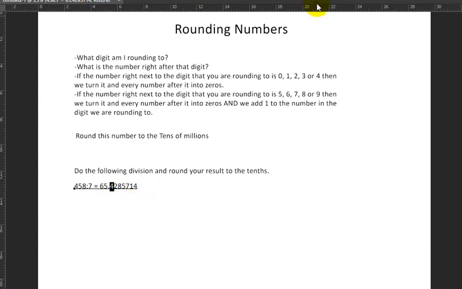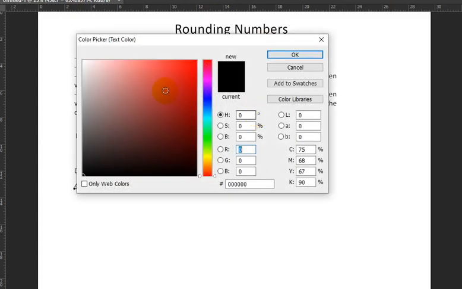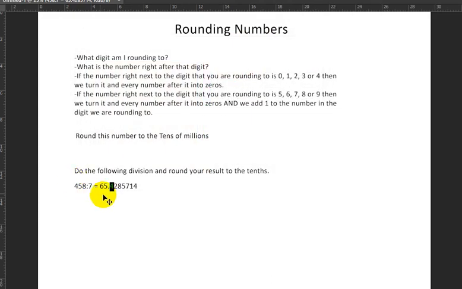What you do is you'd look at the tenths, and then you'd look at the digit that's right after them, so the 2. Since the 2 is a small number, we are going to round down. That's what this first case is. It's rounding down, where we turn this number and everything after it into zeros, and we leave the digit that we were rounding to alone.